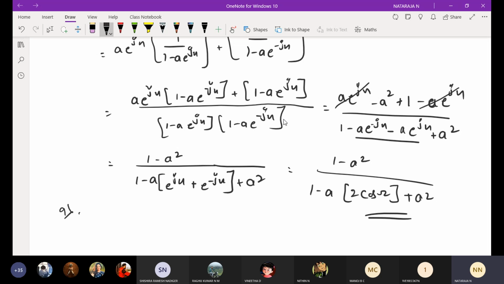x of n is equal to alpha to the power of n sin omega naught n into u of n, when magnitude of alpha is less than 1.